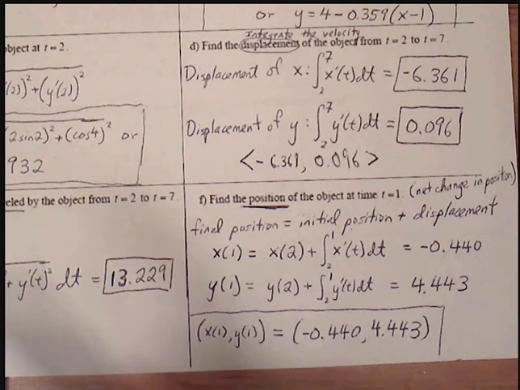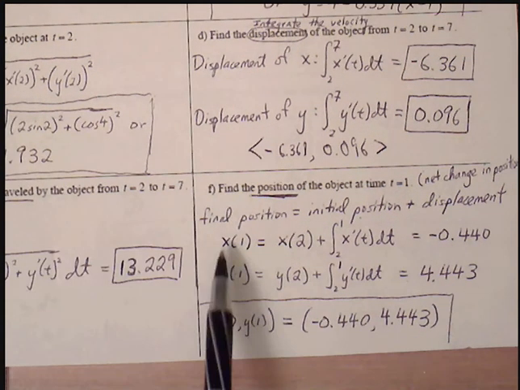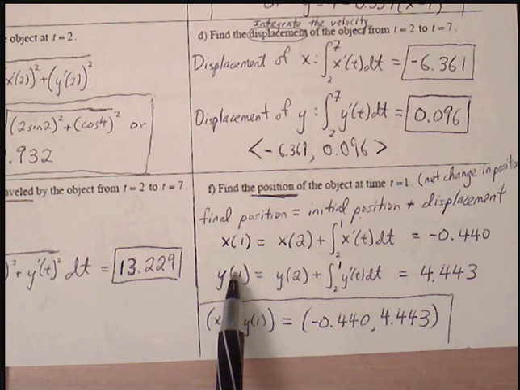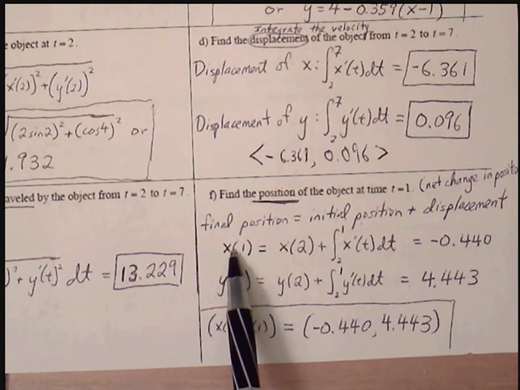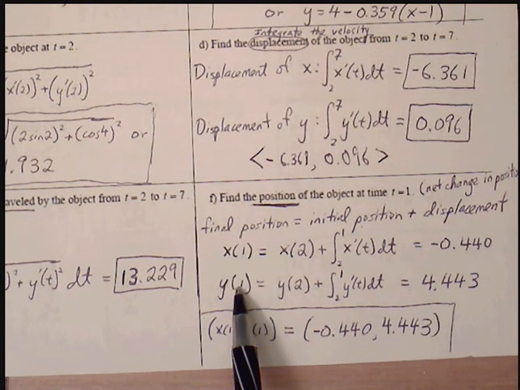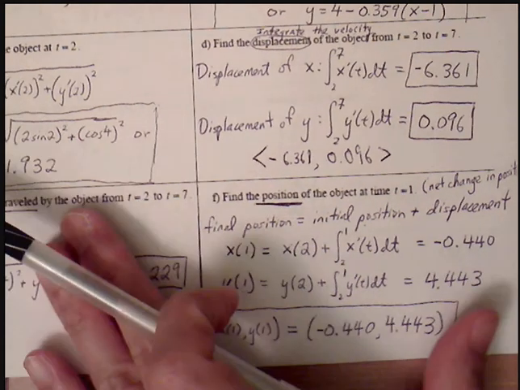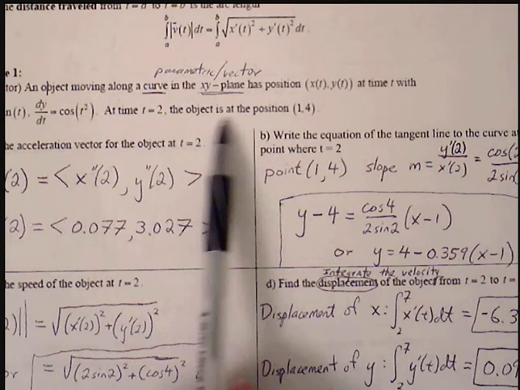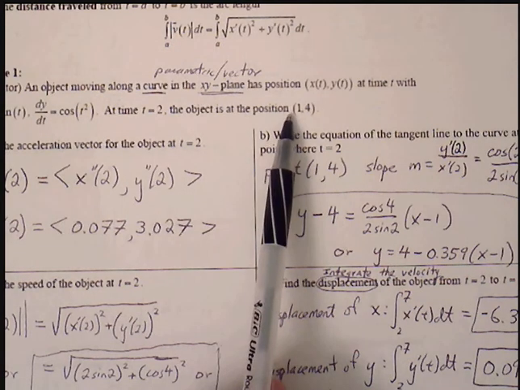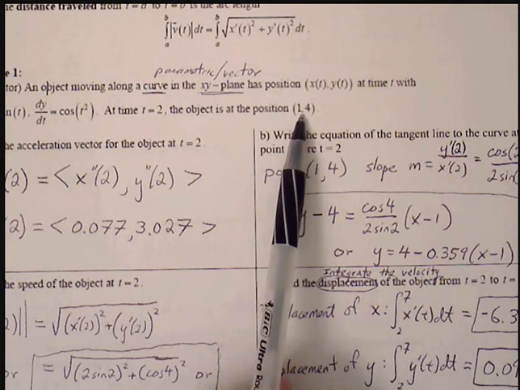So our final position at time t equals 1, we're trying to find our horizontal and vertical position, which is x of 1 and y of 1. To get there we need a starting point. The starting point provided for us is that at time t equals 2, the object is at position x value of 1 and y value of 4.